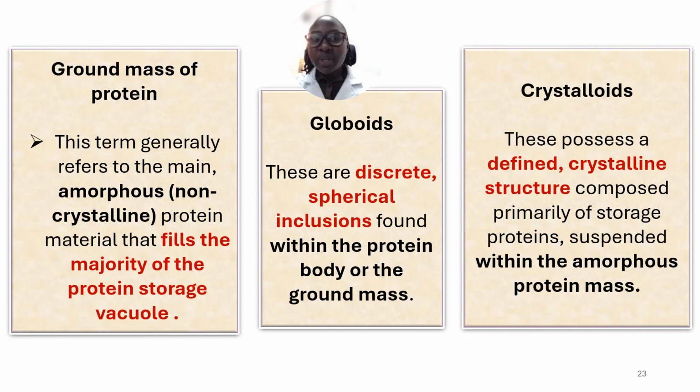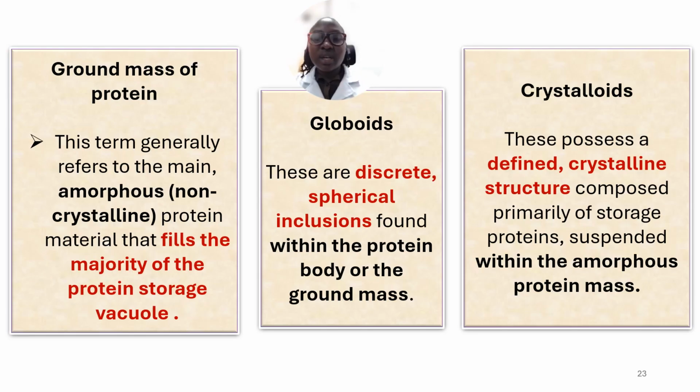But globoids are discrete spherical inclusions found within the protein body. They are within the ground mass. It's like they float within the ground mass. And crystalloids, they possess a defined crystalline structure composed primarily of storage proteins that are suspended within the amorphous protein mass.